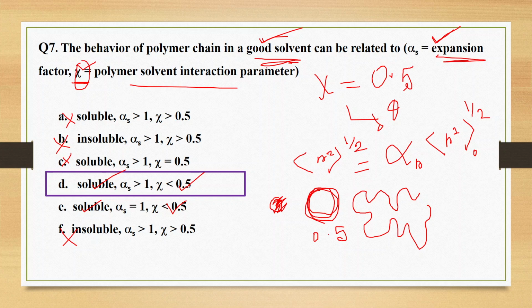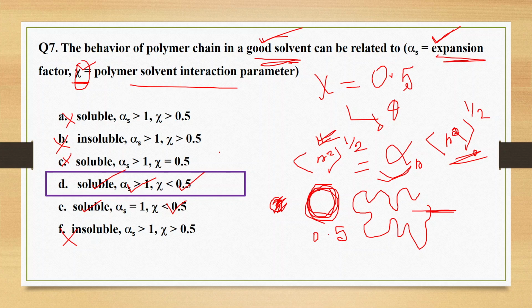So whenever you are using a good solvent, this parameter should be greater than 1, because you are getting a size higher than your ideal condition. If this is your ideal condition for 0.5, then in the case of a good solvent you are getting higher than that, so the alpha value should be greater than 1.